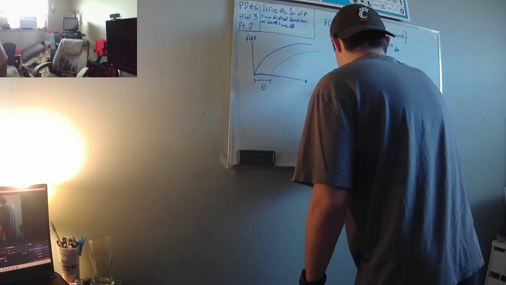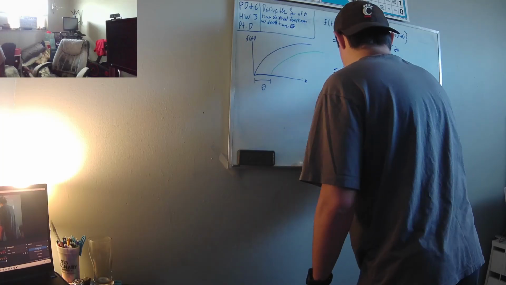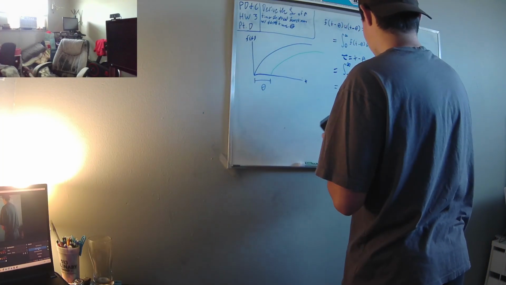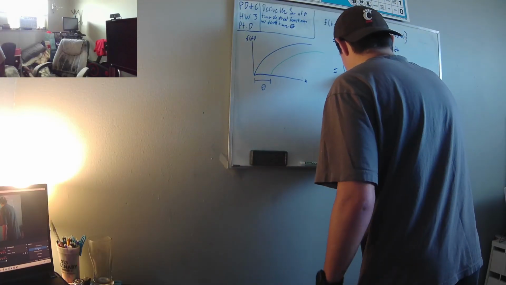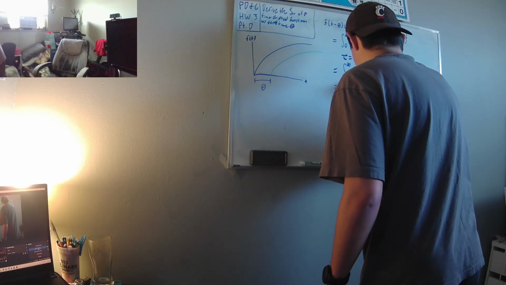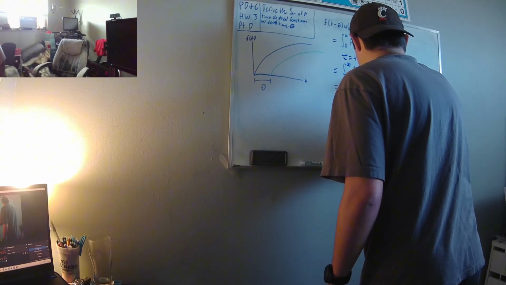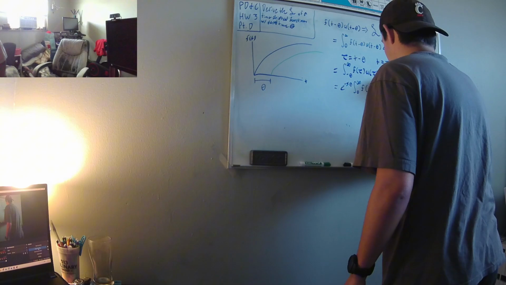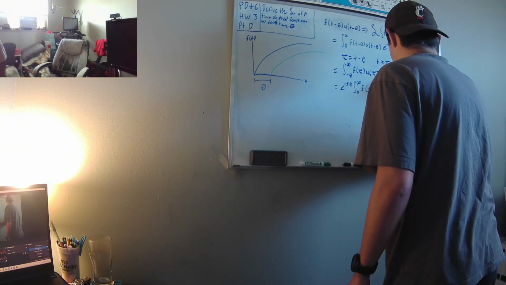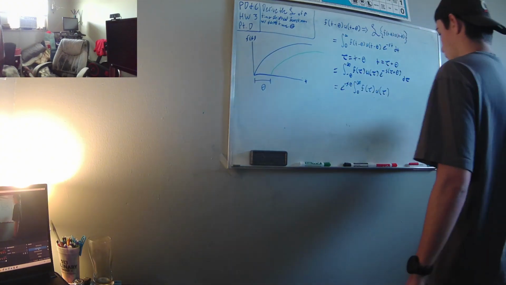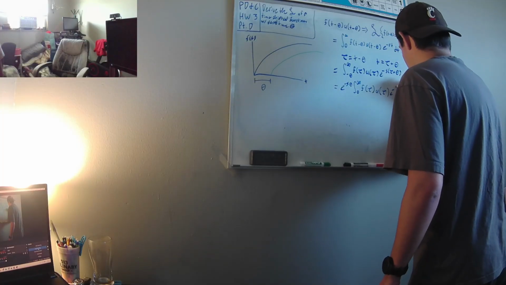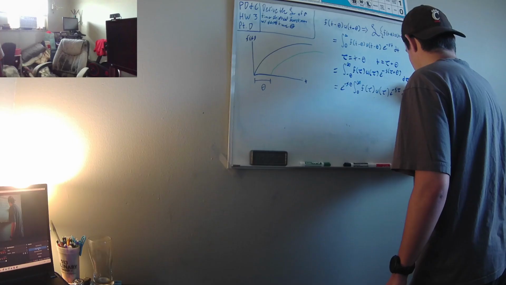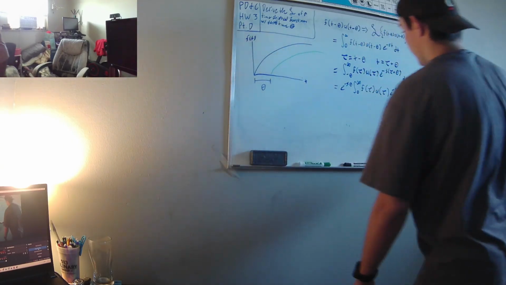So we have e to the minus s theta times the integral from 0 to infinity of f of tau u of tau e to the minus s tau d tau. That's the function we're looking at.